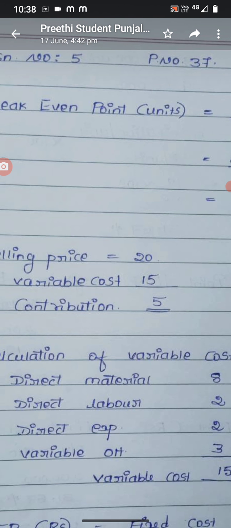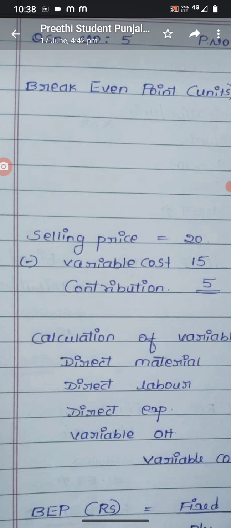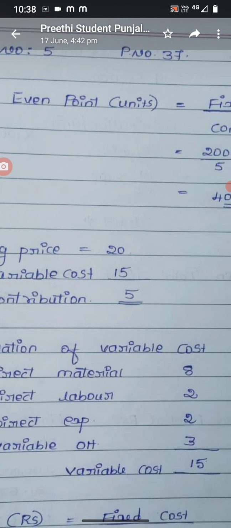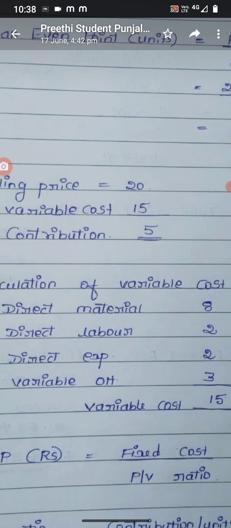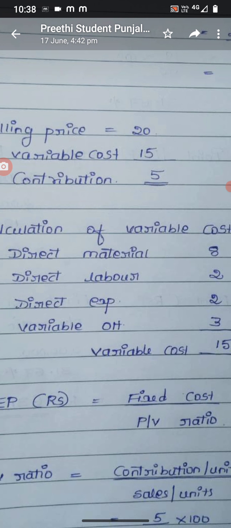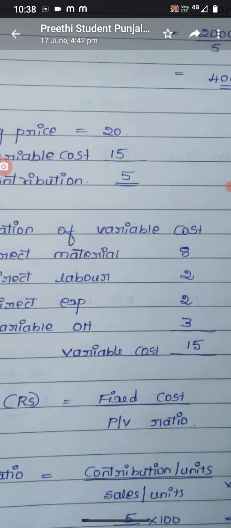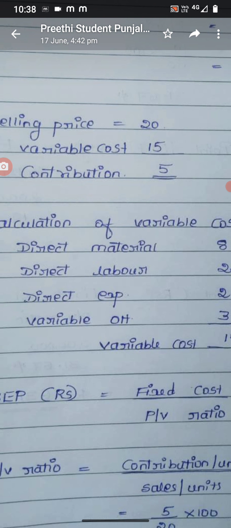Now the selling price you see is 20 rupees, and there are various variable costs. So let us see each and every variable cost for your understanding. First there is direct material 8, direct labor 2, direct expenses 2, and variable overheads 3.